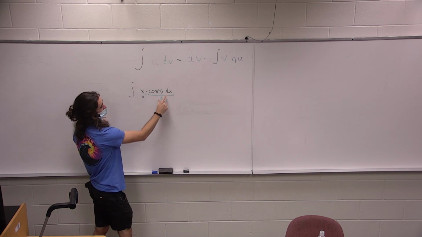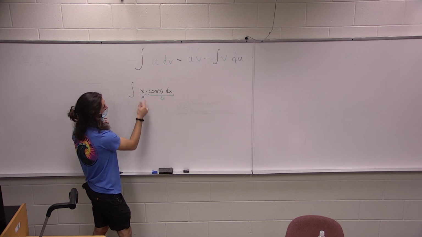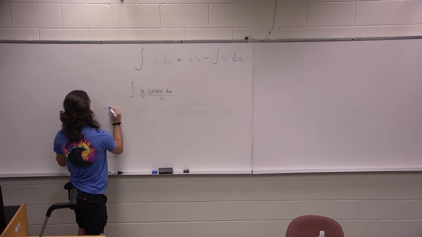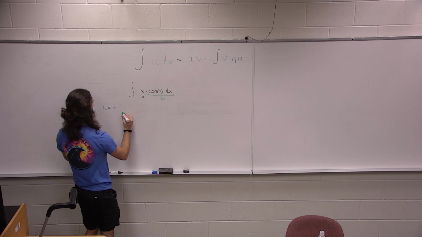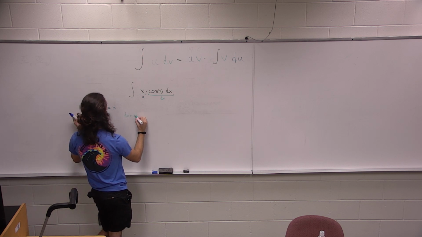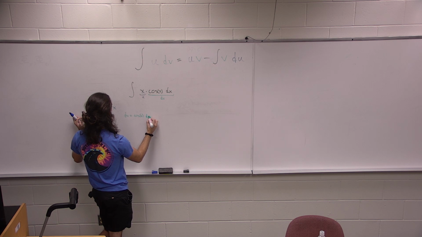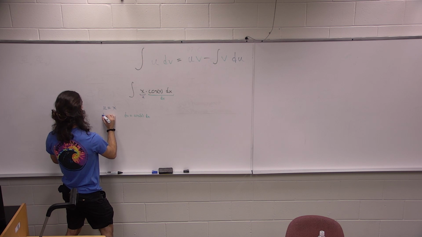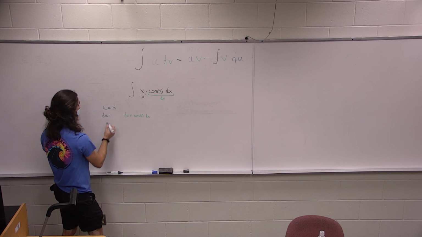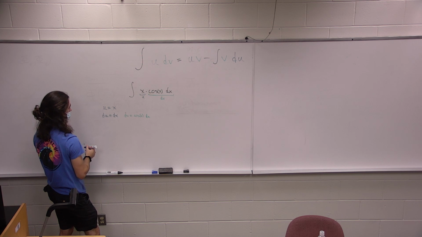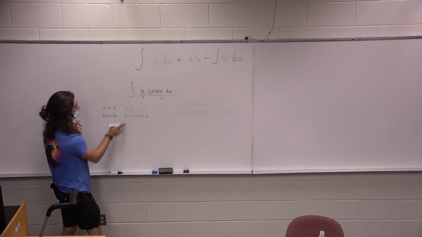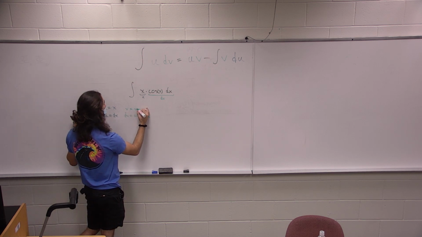We always want the differentials to match up, so the dx would be included in the dv, and this would not. So if u is x, and dv is cosine x dx, then when we make the swap, du would be just 1, or just dx. And v, if we take the antiderivative here, would be sine of x.